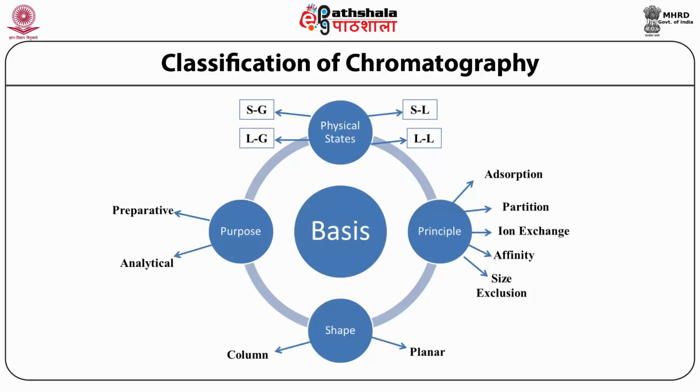Another form is molecular exclusion chromatography. It is also known as gel permeation, gel filtration, or size exclusion chromatography. In this, the stationary phase is a porous gel with a specific pore size.